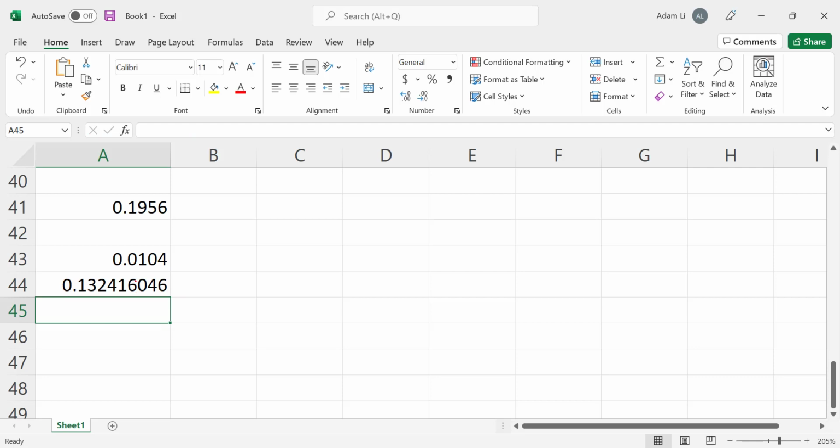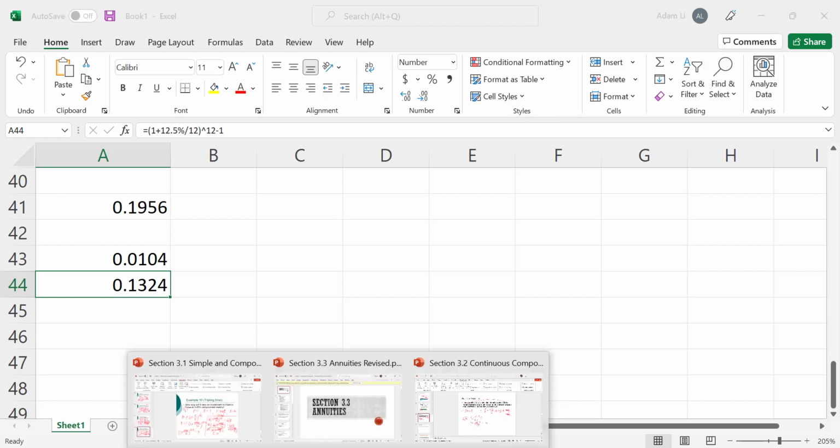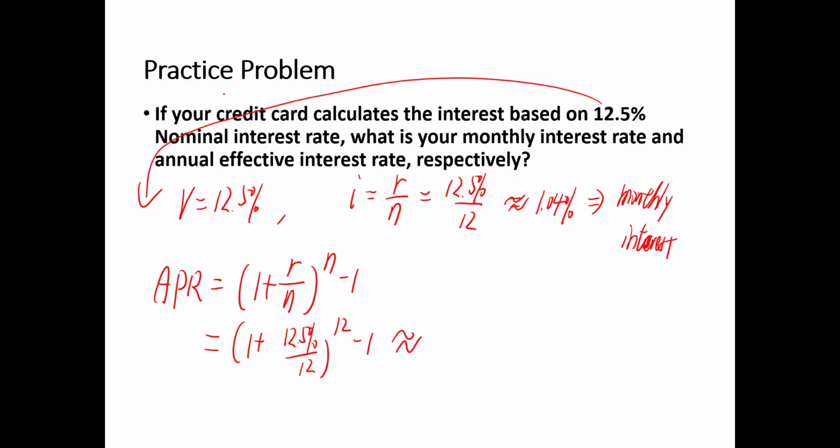And this turns out to be 0.1324, rounded to 4 decimal places, and this is about 13.24%. So this is the actual APR, or the effective interest rate.